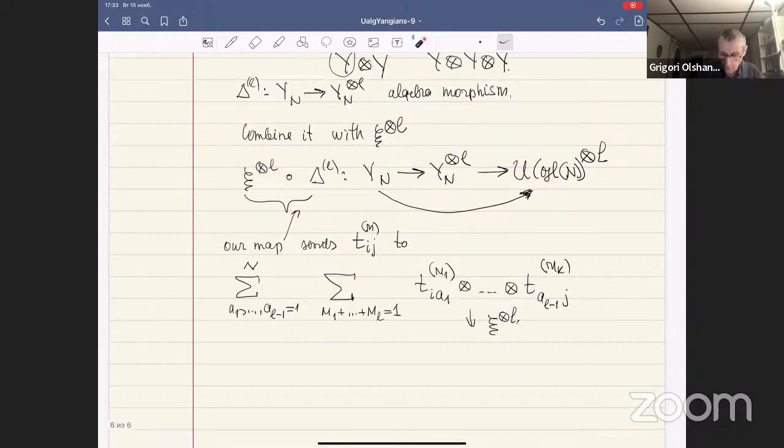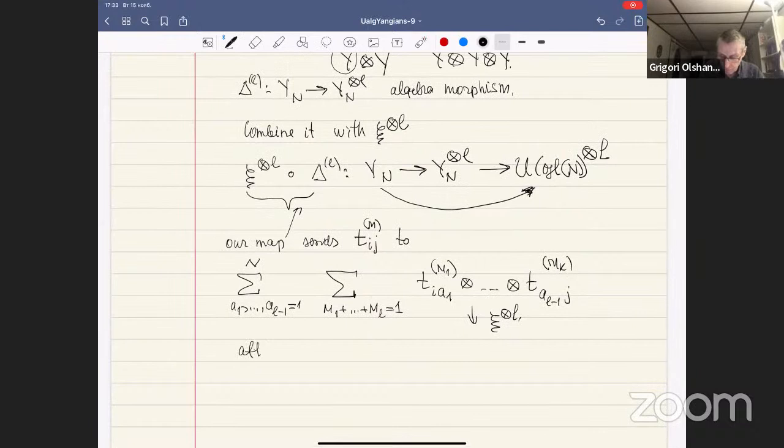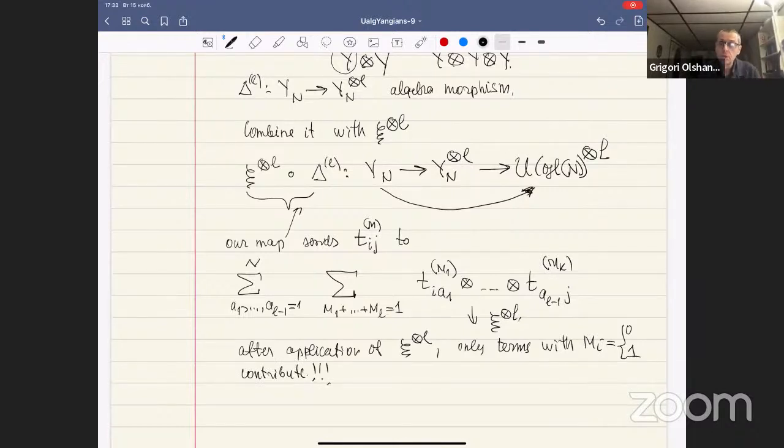So after application of this, what do we get? Only terms with index equal to 0 or 1 contribute. And the remaining terms are killed.